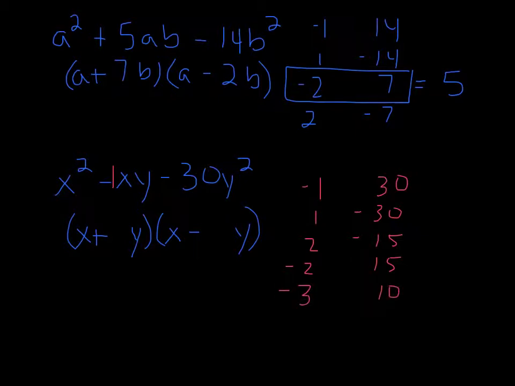Negative 3 and 10, 3 and negative 10, negative 5 and 6, and 5 and negative 6. Hopefully you're putting these together in your head as you go, and you'll realize that the very last one, 5 and negative 6, you put those together, you get negative 1. So we want 6 to be negative, and we want 5 to be positive. Hopefully you got the hang of how this is all working out. Give those a shot. You've got some work to do.